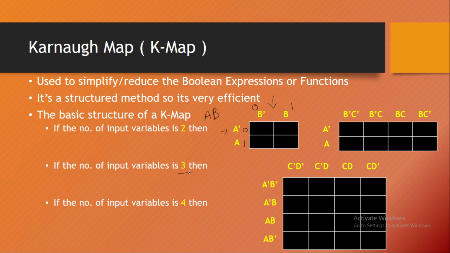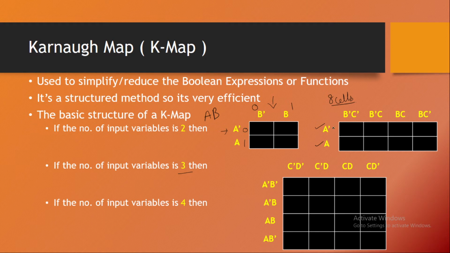Likewise, when we have 3 inputs in your function, we have a KMAP that has 8 cells in it. The row headers are occupied by the first variable, A dash and A, as in the previous KMAP, whereas the column headers are occupied by the other 2 variables. So we have B dash C dash as the first column header, B dash C as the second column, BC as the third column, and BC dash as the fourth column.